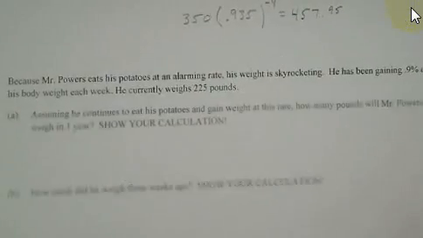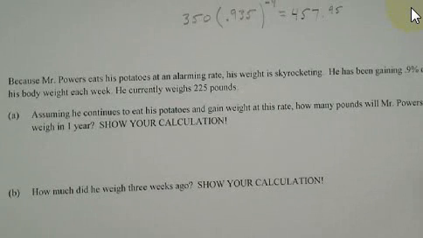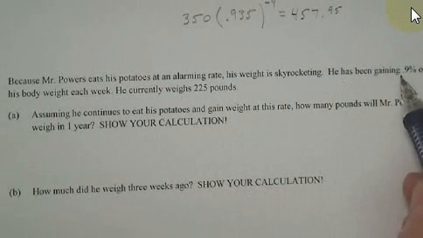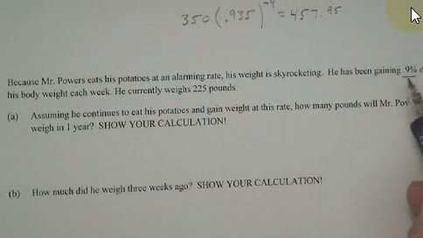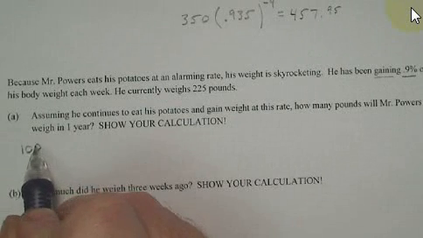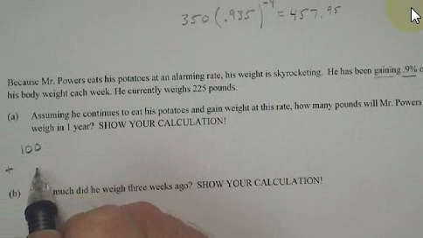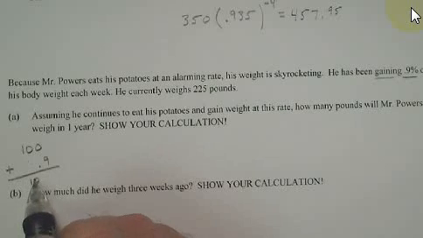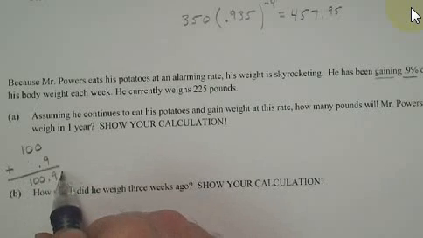Still got Mr. Powers. Now we're going to talk about his weight. Eating all those potatoes is not good. In fact, he is gaining 0.9%, and since he's gaining, we are going to add that to 100%. Add 0.9 to 100 gives you 100.9%.